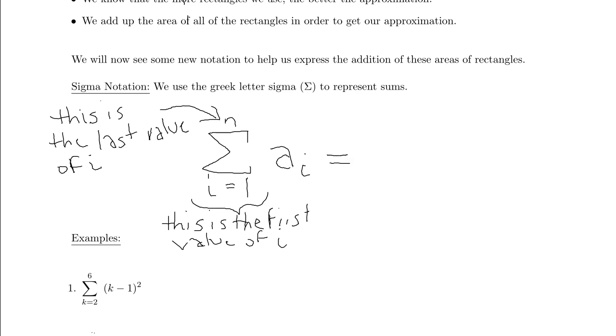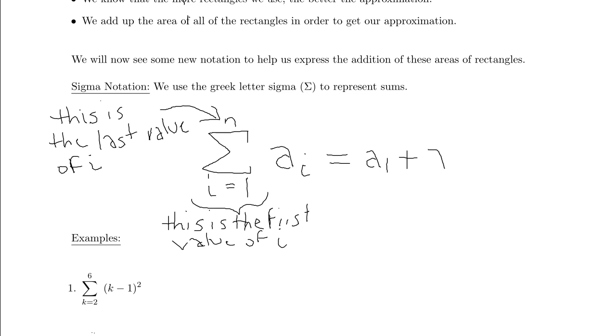So if we have the sum of the a_i's as i goes from 1 to n, what that means is we'd start off with a_1, so plugging in i equals 1 for i. And then the sigma symbol means that we're adding these. So we're adding a_1 plus, now we've already done i equals 1, so next we would do i equals 2.